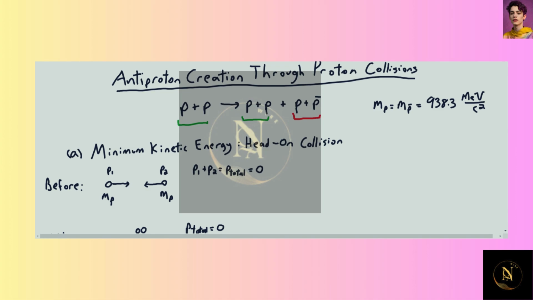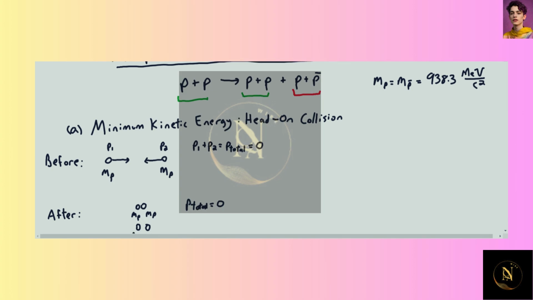The problem considers two cases. One is a head-on collision. The other is where the incoming particle hits a stationary particle. It wants you to find the minimum kinetic energy to produce the proton and antiproton in those two cases. It wants the energy that each beam has to have.